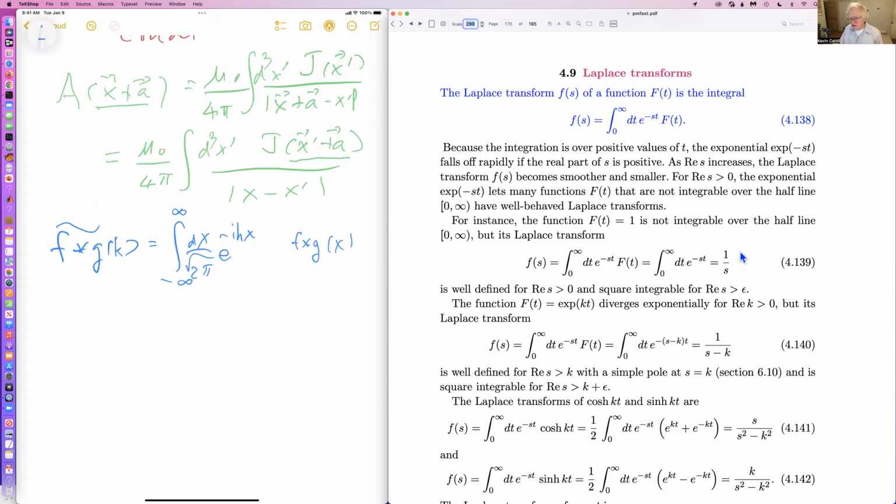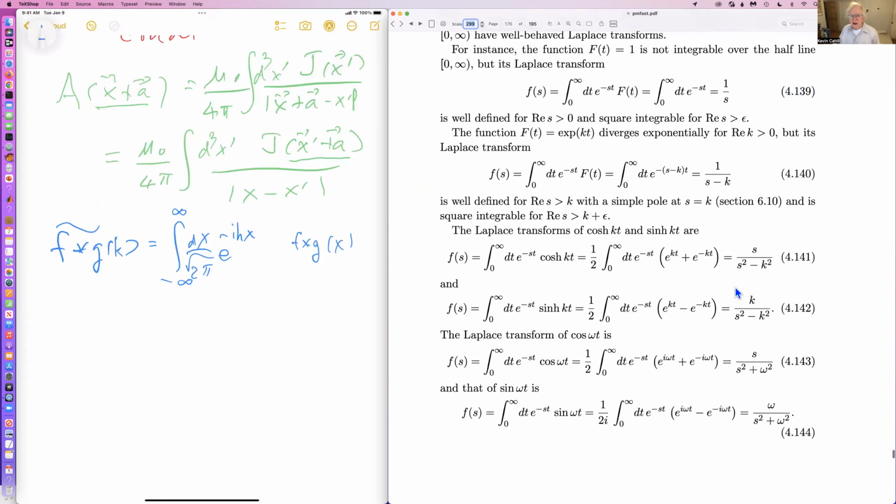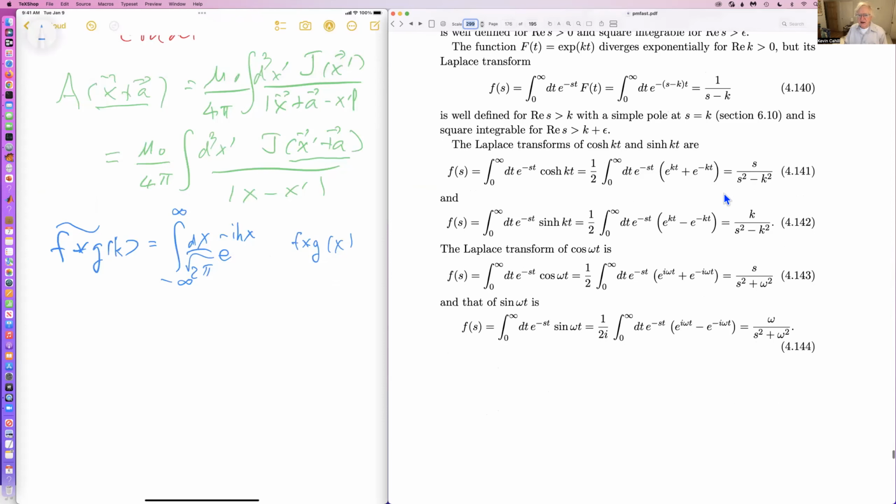Well, this just integrates to 1 over s. e to the kt diverges, but if you pick s greater than k, you have a Laplace transform that's well defined for s greater than k. So this gives you a definition of the Laplace transform, and because of the way s appears here, you can say, well, this works if s is bigger than such and such, and in this case it's k.